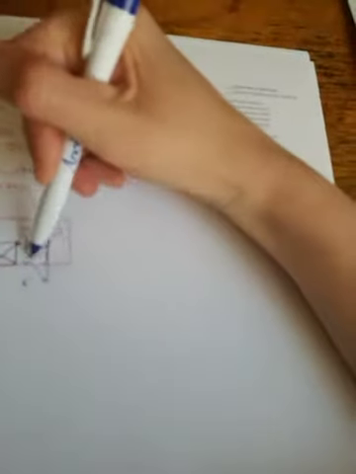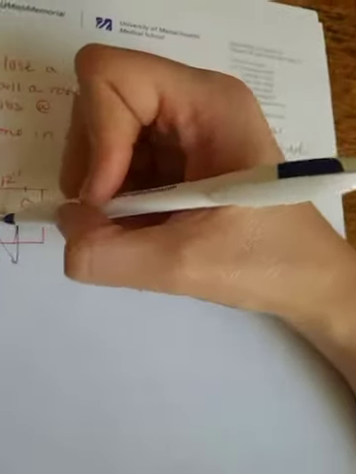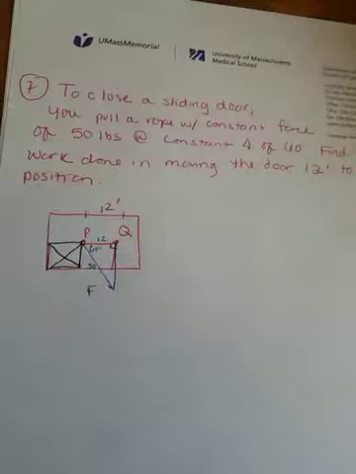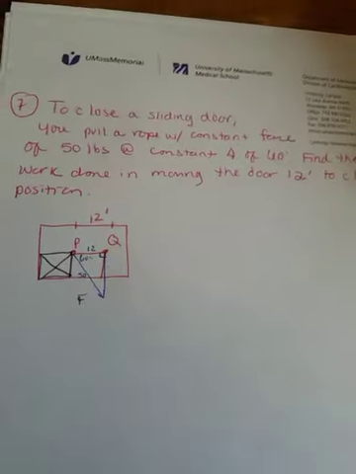You're going to pull it with a rope so that it slides across into place from P to Q. The distance from P to Q is 12 feet. It tells you that the angle is a constant 60 degrees, and that your force is 50 pounds.